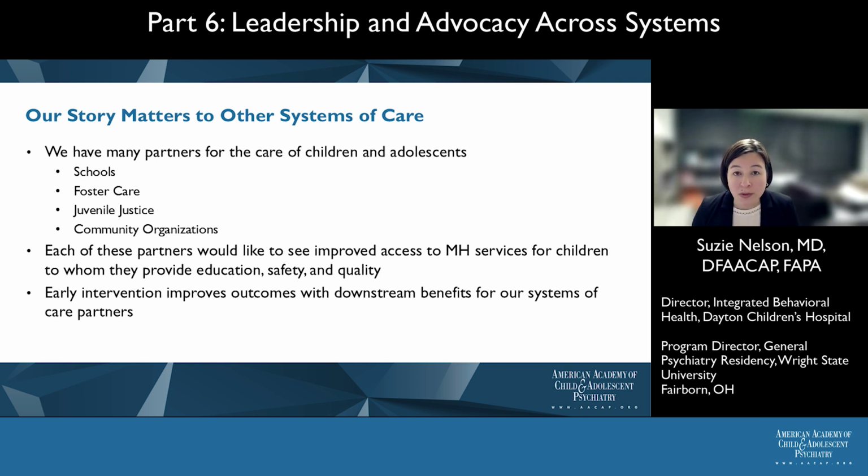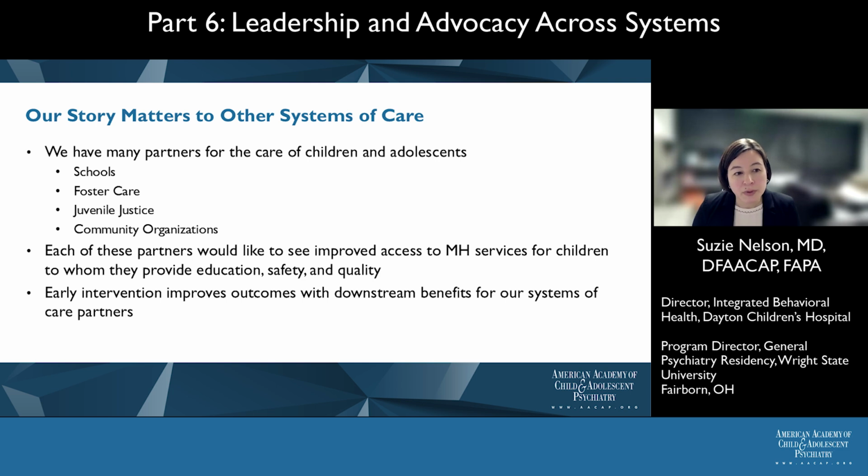These may include schools, foster care and their organizations, juvenile justice systems, and community organizations. Each of these partners would like to see improved access to mental health services for children for whom they provide education, safety, and quality. Early intervention improves outcomes with downstream benefits for all of our systems of care partners.